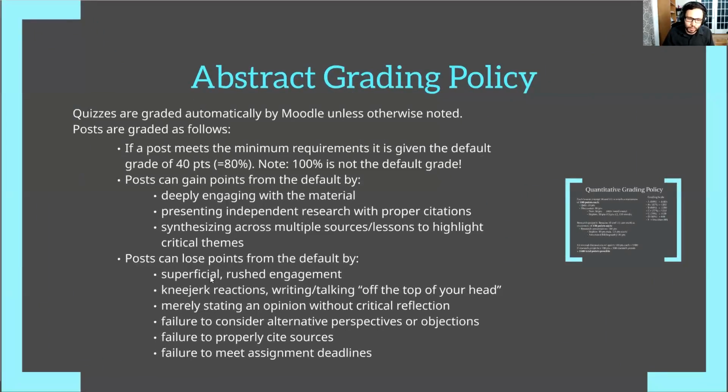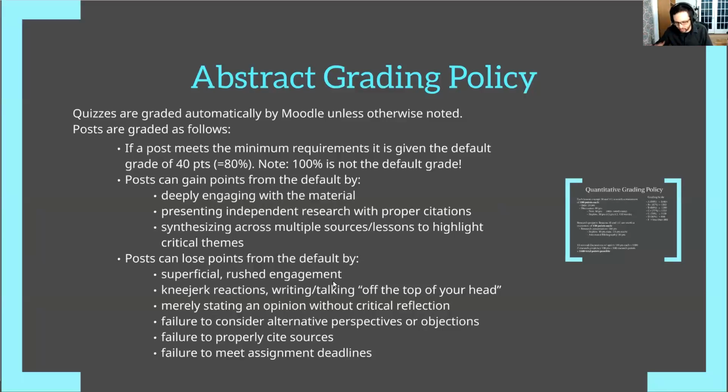So you can raise your grade from the default. You can also lose points from the default. Anything that looks rushed or superficial, and the more editing mistakes there are. I'm not looking for grammar so much, but misspellings, right? It's not hard for even non-native speakers to do a spell check. So I strongly recommend writing your post in a Word document before posting it on the forums.